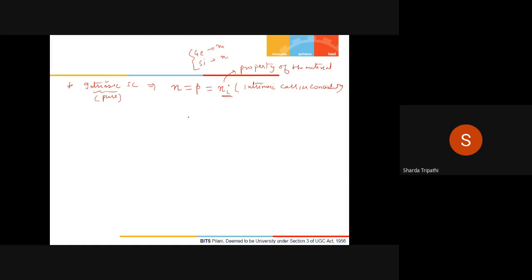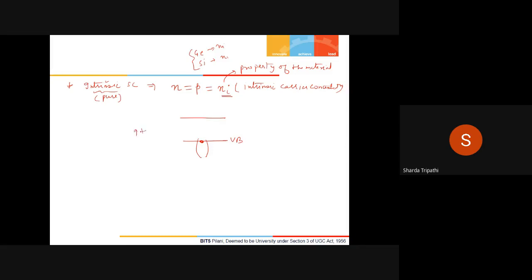So what actually happens is, when the electron is in a covalent bond, then the electron is present in the valence band. This electron is right now here; when it is bound in a covalent bond with another atom, then we say that the electron resides in the valence band.